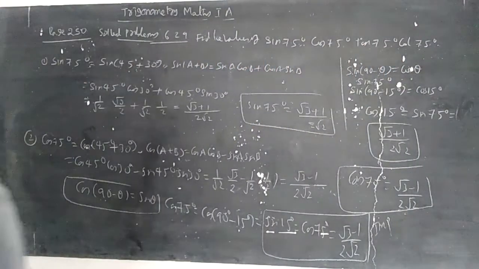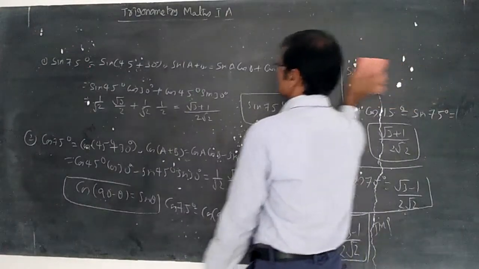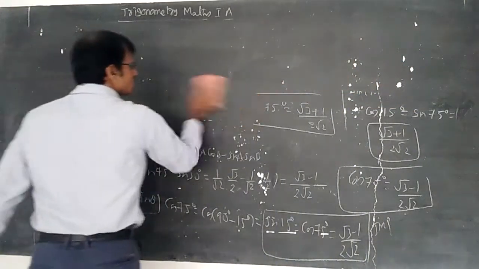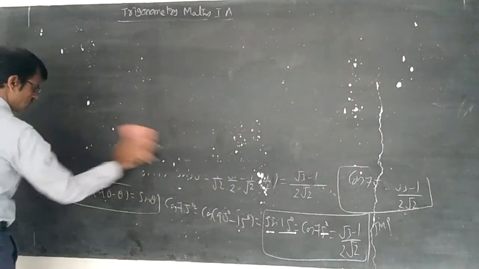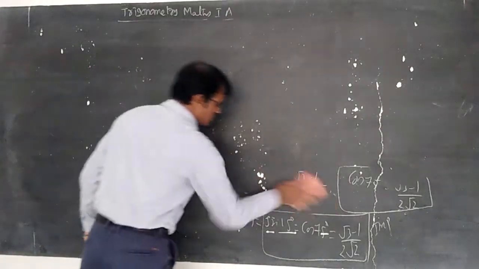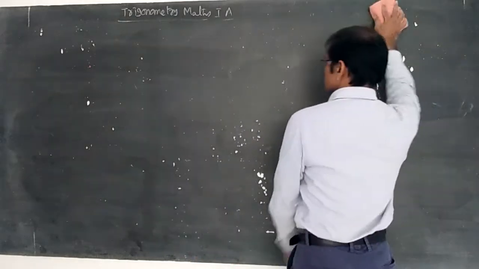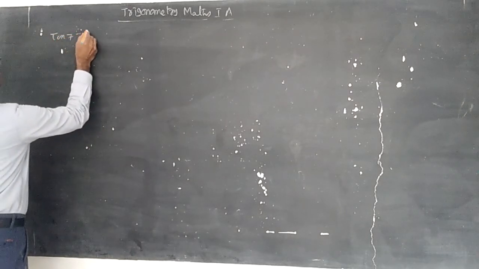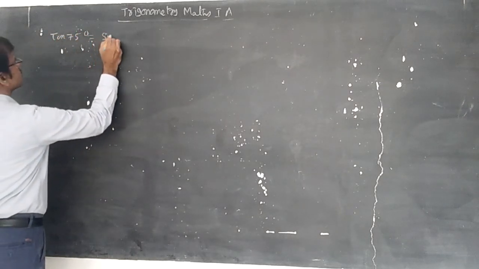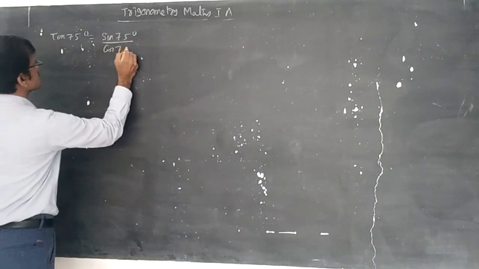Now let us discuss about tan 75 and cot 75. Tan 75 gives sin 75 by cos 75.